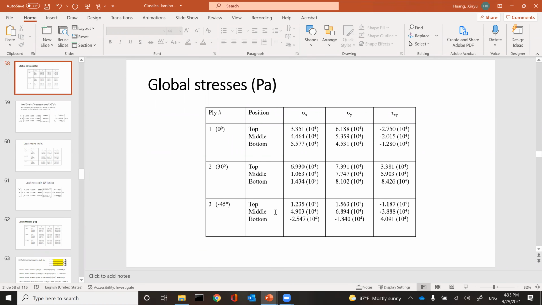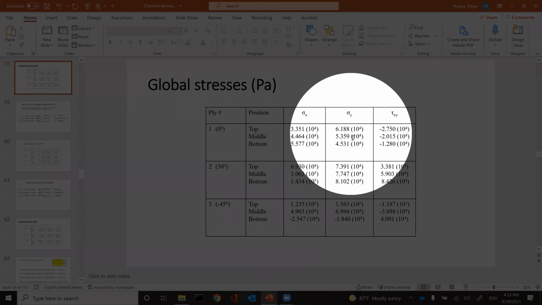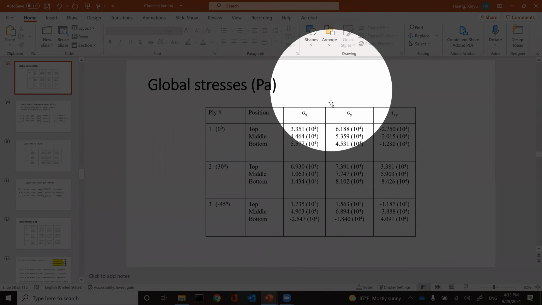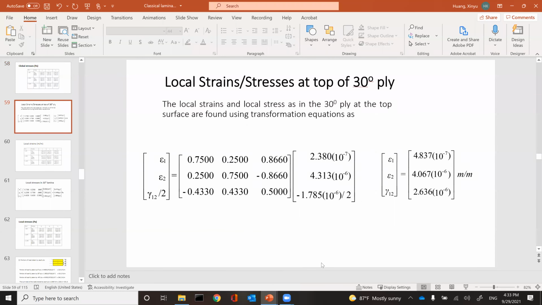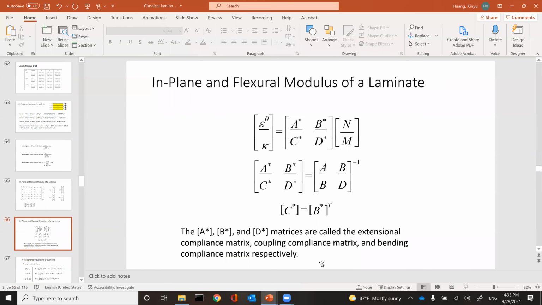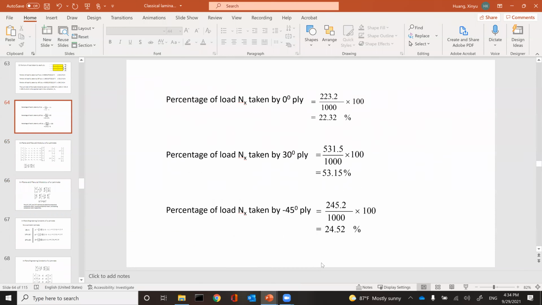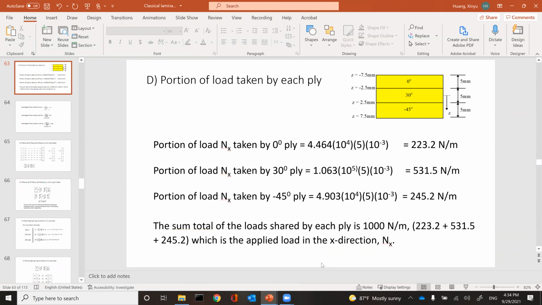Similarly, you can figure out the y direction load, the tension in the y direction, and how much is partitioned to different plies. You basically integrate this column over the thickness of each ply. This will be your shear. Now, if you do that, it turns out that these are equal to this.